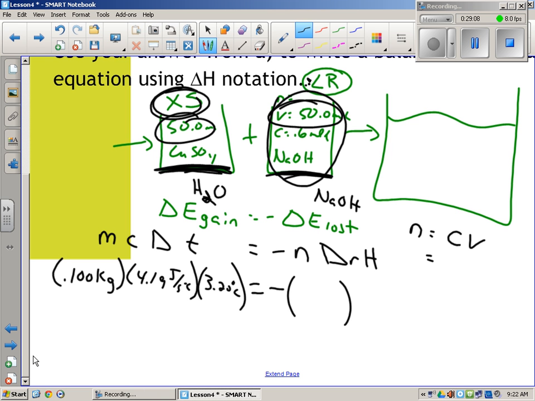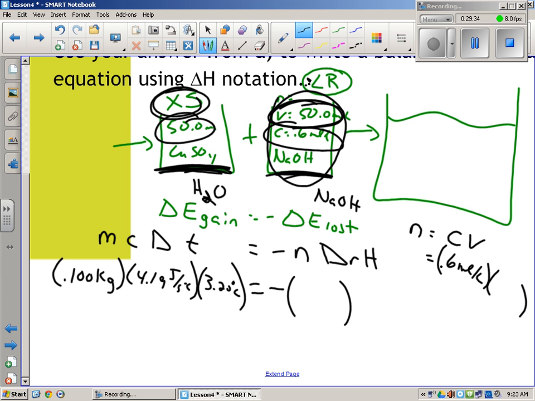But C, what's C here? 0.6 molar, I think. And what's V? Well, remember, this is where it gets tricky again. What is determining the reaction? Well, it's 0.6 with the 50 milliliters, right? That's how many moles of sodium hydroxide I have. Do I have 100 milliliters of sodium hydroxide?